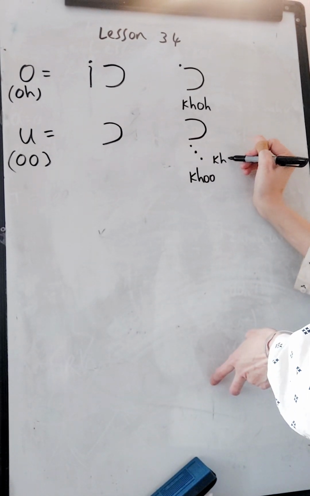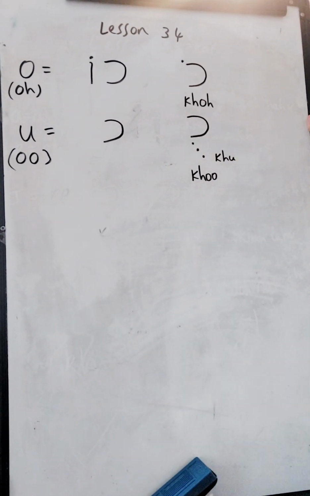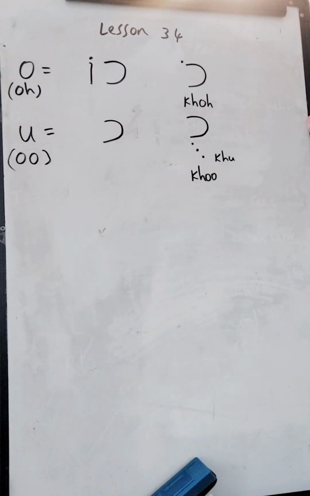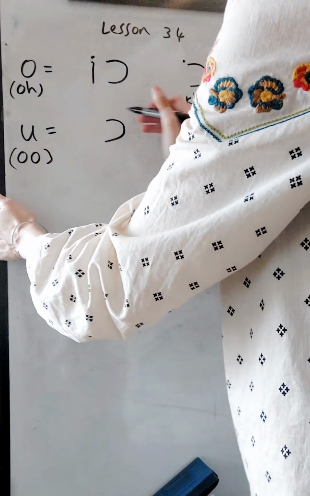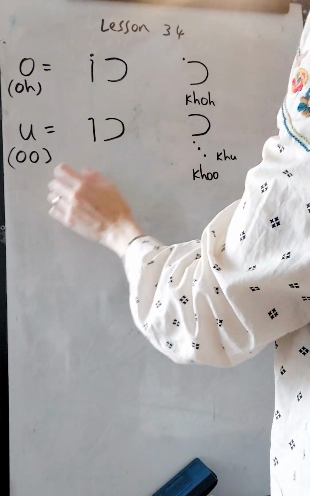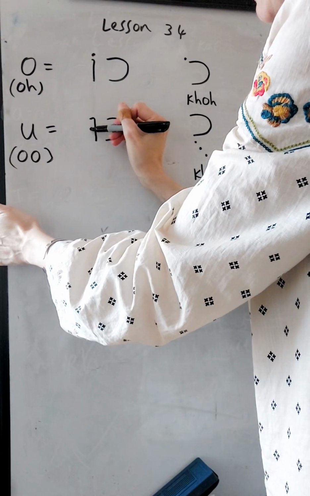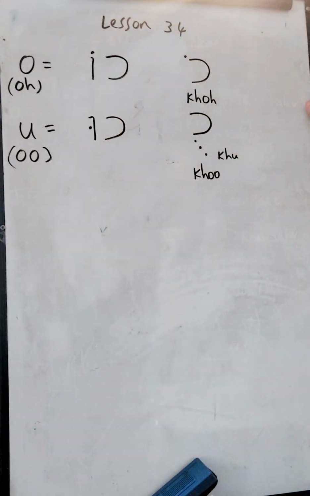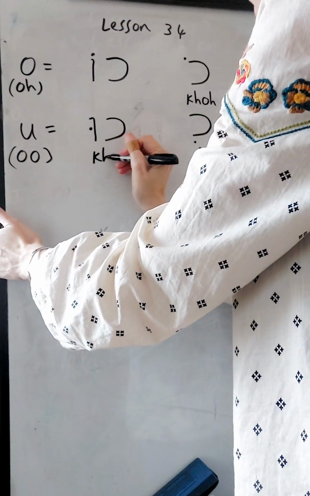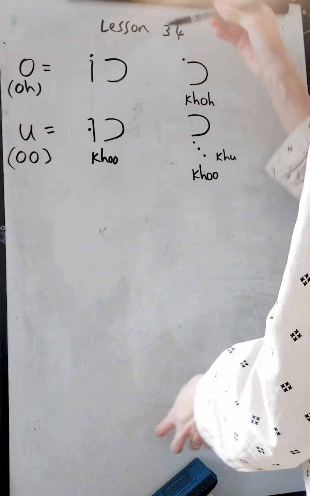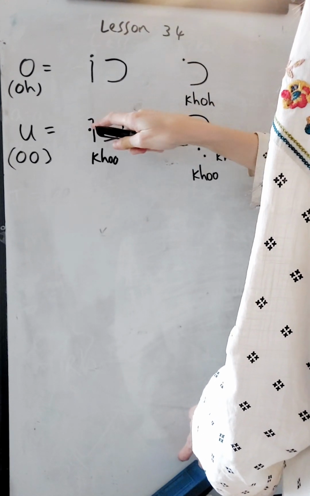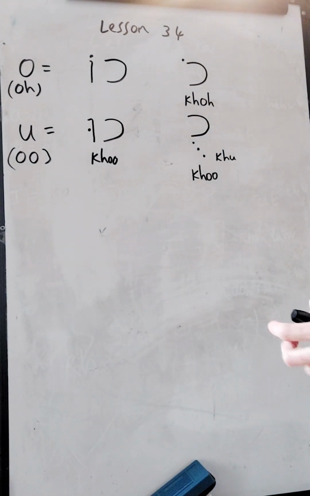Some textbooks might just write it with the U in, but I always write it with sounds, just to help with pronunciation. Then the vav is used again, exactly the same as the O vowel, but the dot is placed directly in the centre of the vav. That's also khu. So remember, if the dot's on top of the vav, it's O, and if it's in the centre, it's the U, the oo sound.